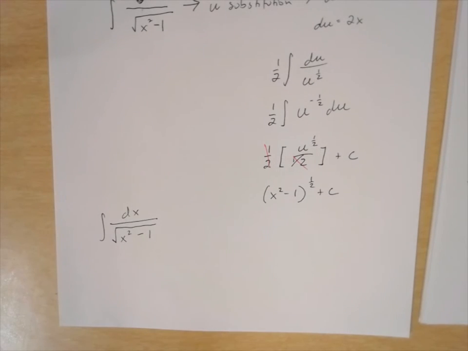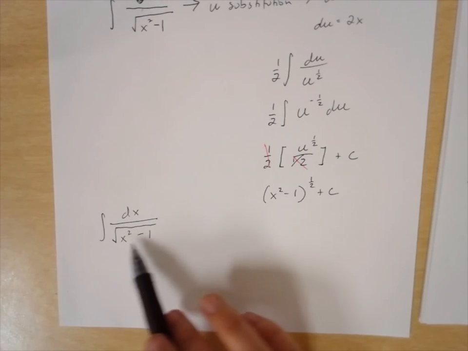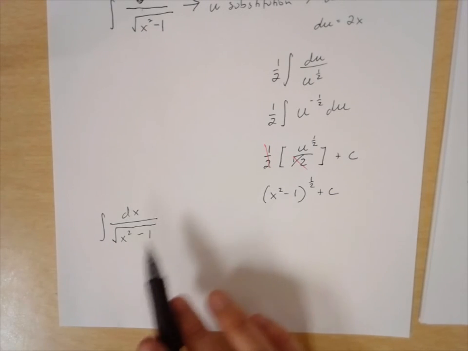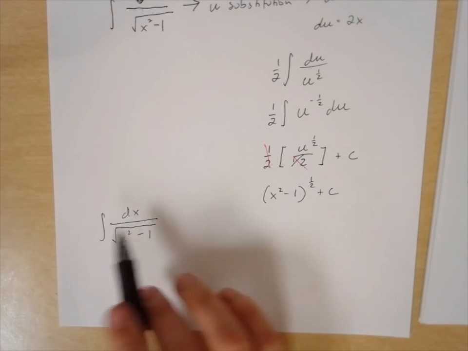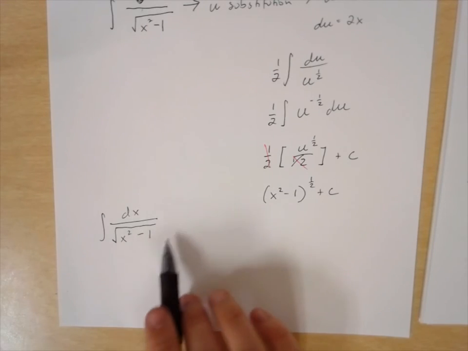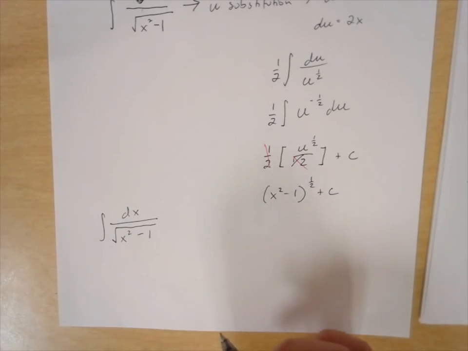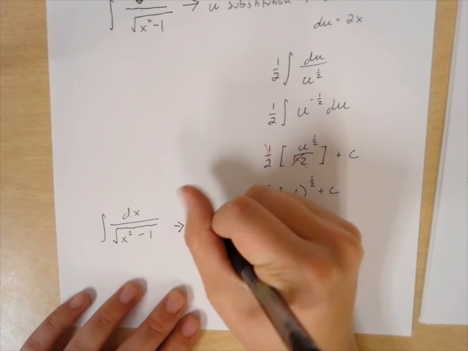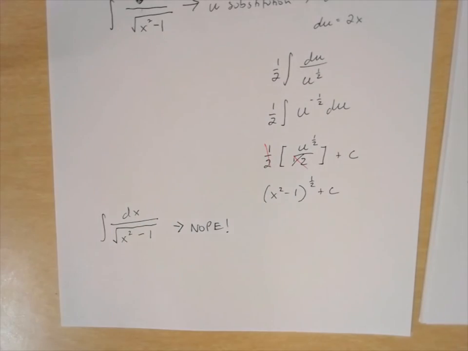If we try to do any other way, we really couldn't, because we have this whole piece. If we had just radical x squared or just radical x, we could, but because we have this whole binomial under the radical, that's something we can't take care of. So we can just say, nope, can't be done. It can technically be done, but not until much later chapters in calculus. So that's it for today's video, and I will see you guys in class tomorrow.